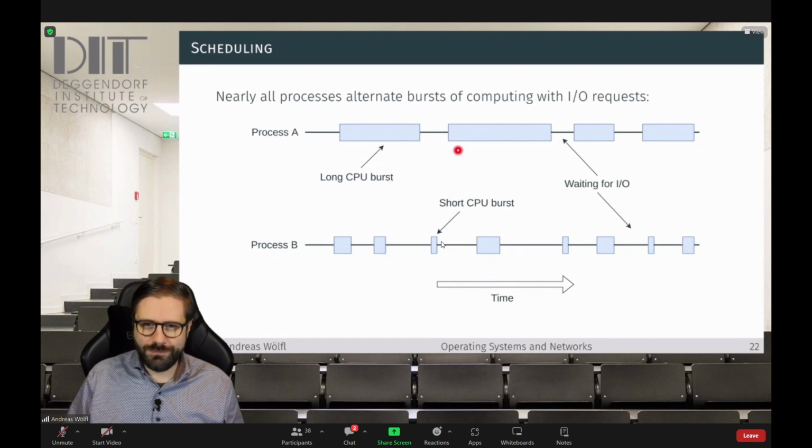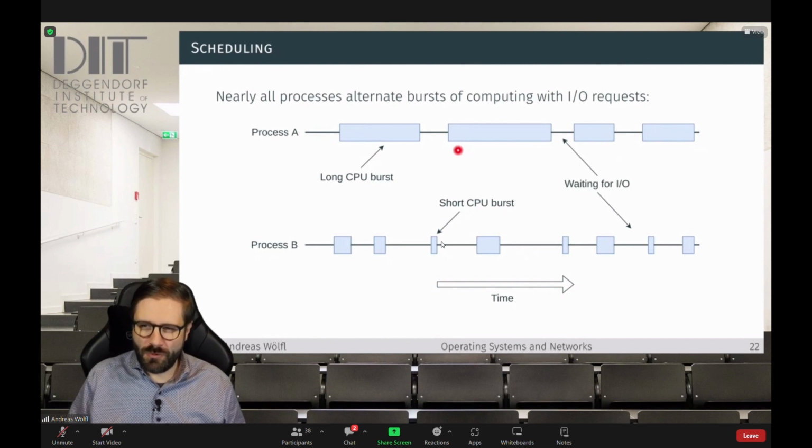And these two characteristics, is a process CPU bound or is it I/O bound? This has a big impact on the decision making an operating system does in the assignment of CPU to process.